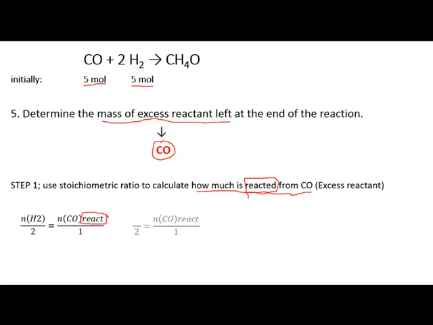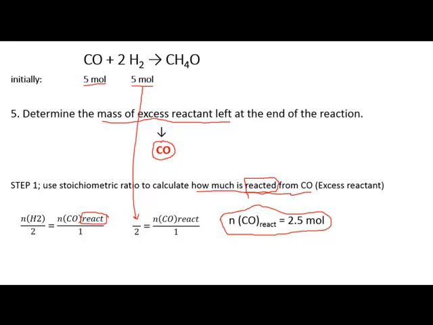By using the stoichiometric ratio, we calculate how much has reacted from CO, the excess reactant. By substituting the values, the number of mole of hydrogen initially is 5 mole. By calculating the number of mole of carbon monoxide, we can conclude that the quantity that reacts of carbon monoxide in this question is 2.5.